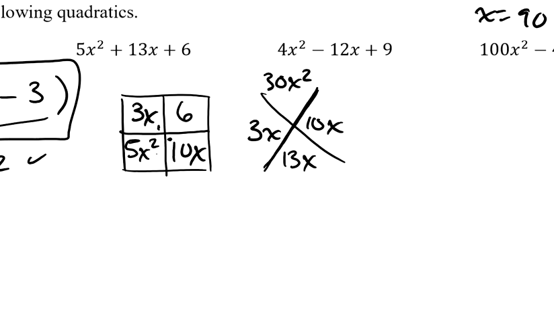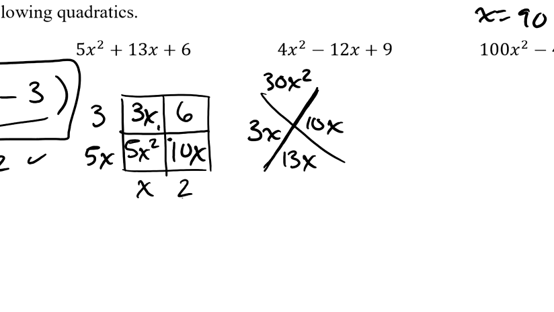So the bottom two have a common factor of 5x, just pulling out the greatest common factor there. Across the top here, there's a greatest common factor of just 3. As I go down, I have a greatest common factor of x. As I go down the other way, those have a greatest common factor of, well, it just has to be 2.